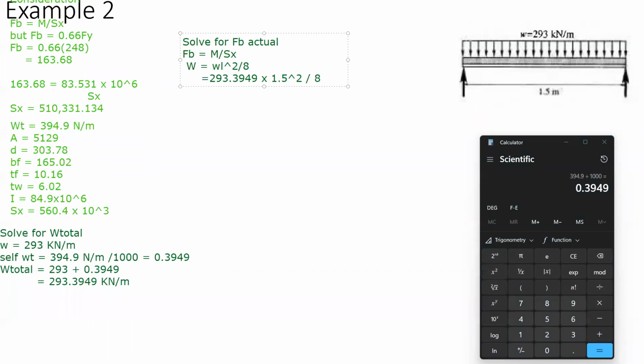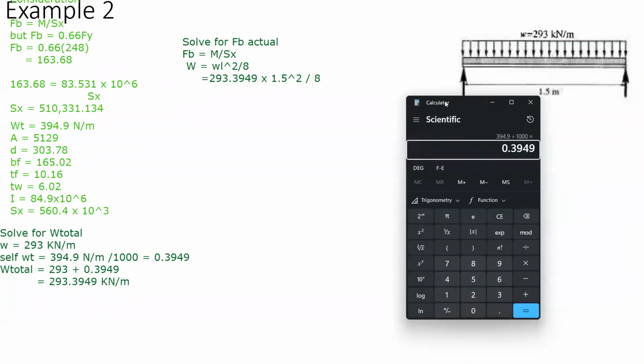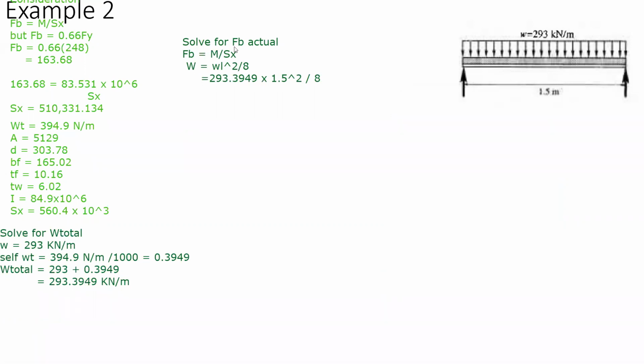So let us put that here. 293.3949 times 1.5 quantity squared divided by 8, and you have 82.517.